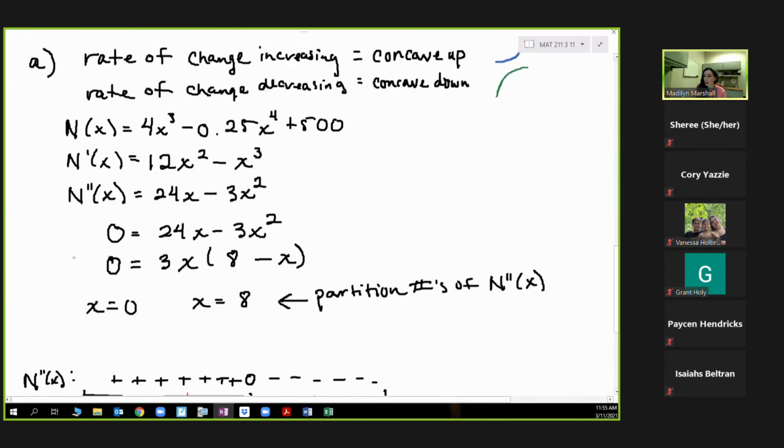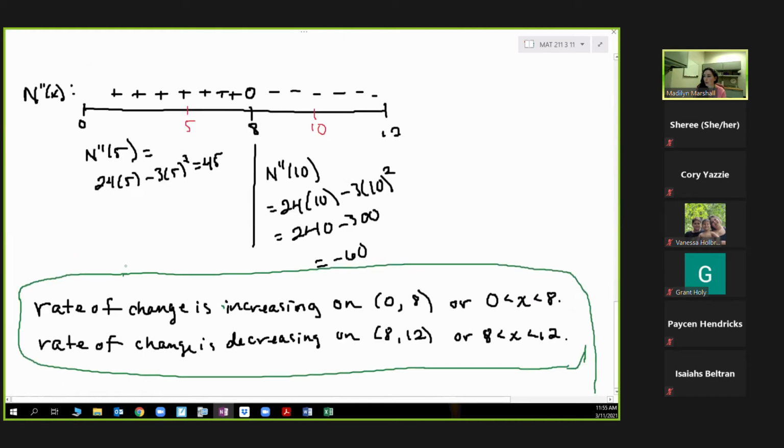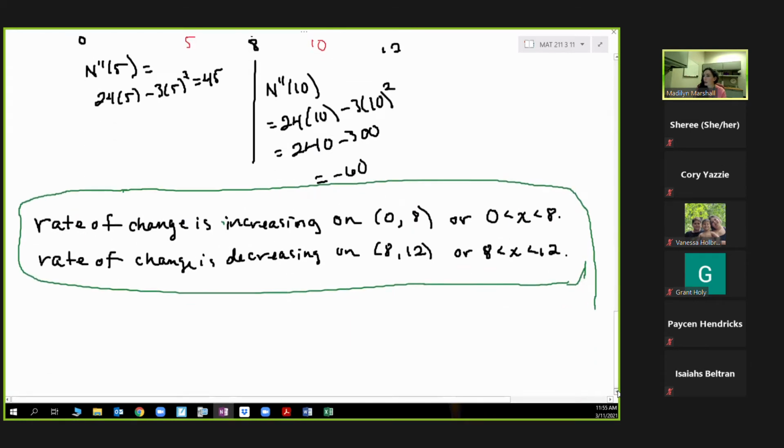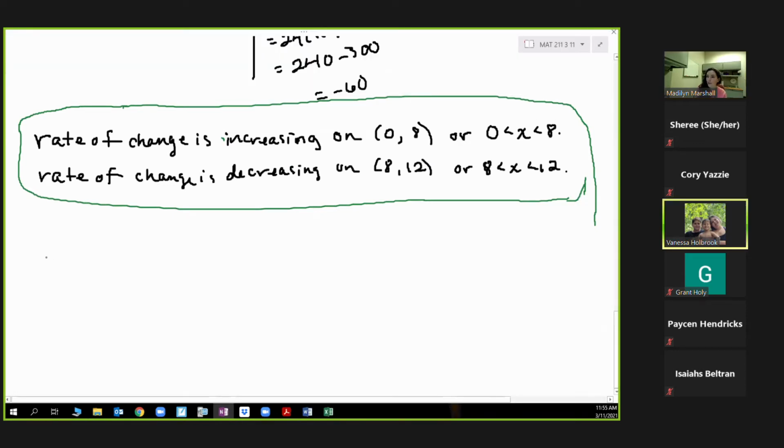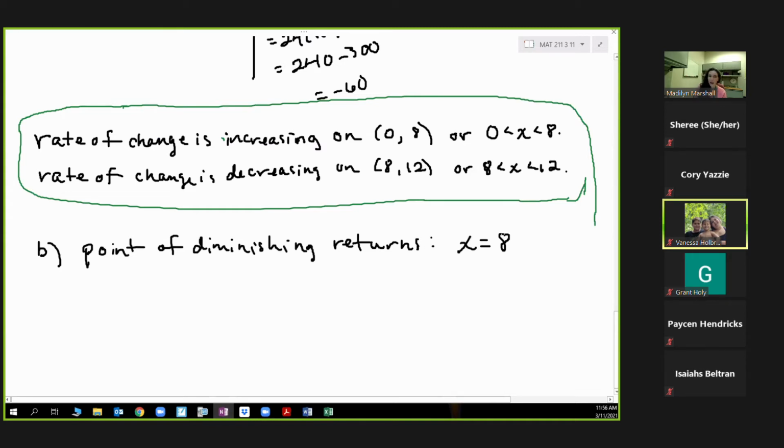So on this problem, what is the point of diminishing returns? 8. 8, exactly. This is a little tricky with the wording of the definition.